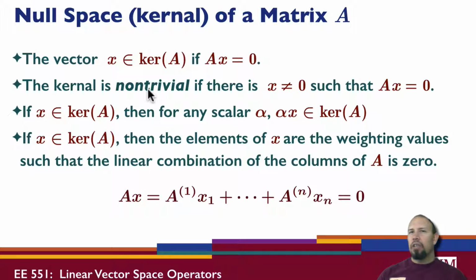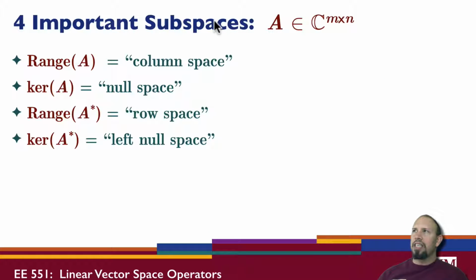So we've defined the range and the null space, and so we can talk about 4 important subspaces. The range, of course, is the column space, the space spanned by the columns, which is also the independent columns. The kernel of A is also called the null space.